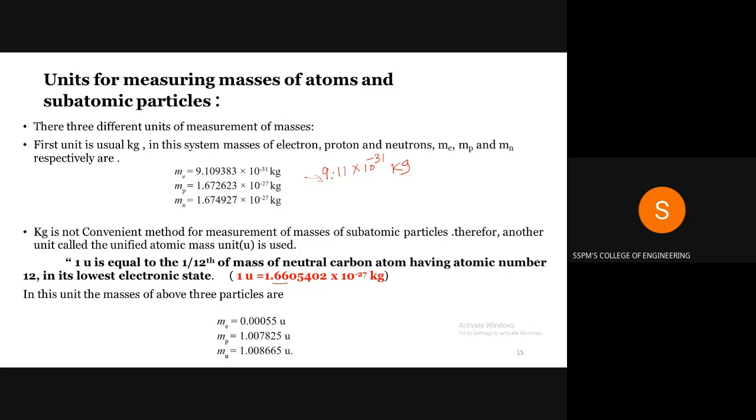You are most familiar with the mass of an electron, 9.11 × 10^-31 kg. The mass of an electron is 0.00055 in atomic mass units, meaning you have converted this value in terms of one atomic mass unit. The mass of the proton is also discussed, and the mass of the neutron you get by using the conversion parameter.